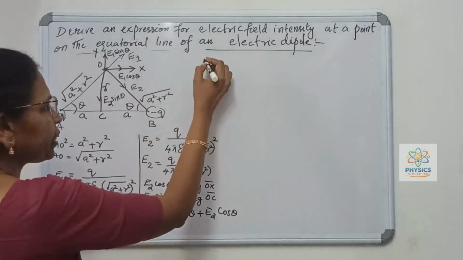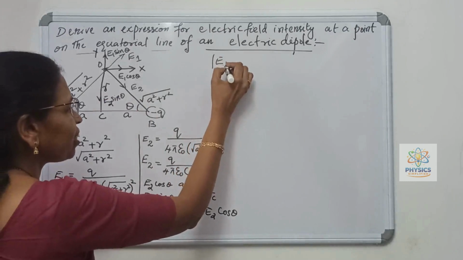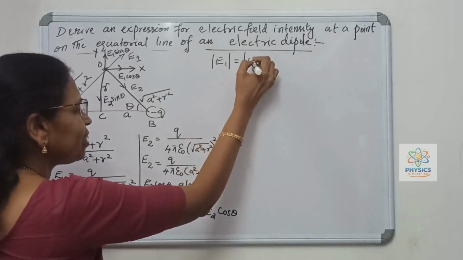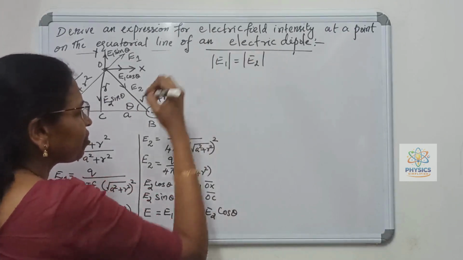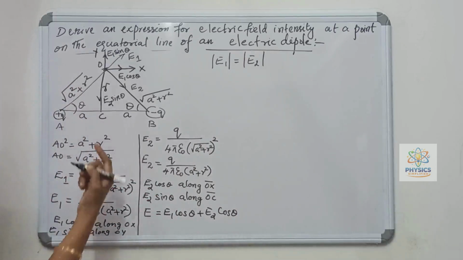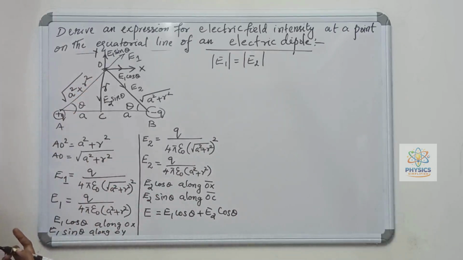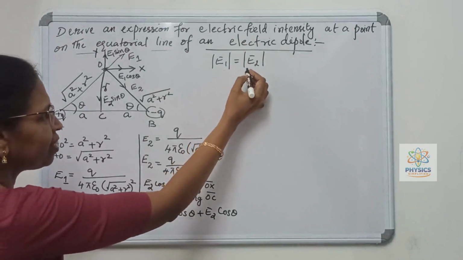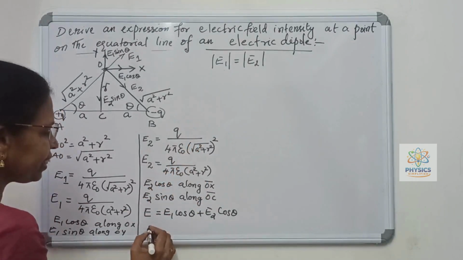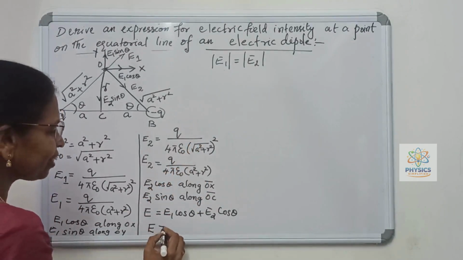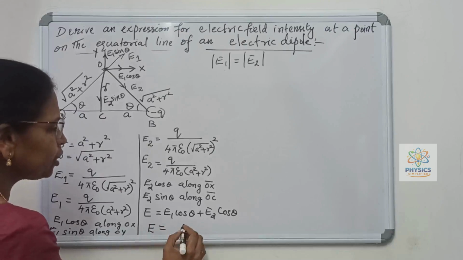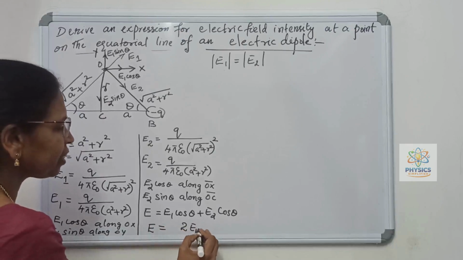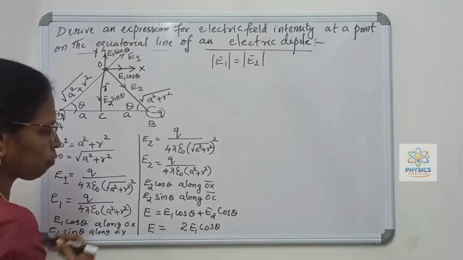And here we know that the magnitude of E1 is always equal to the magnitude of E2. So the sine components cancel, only the cos components are there, so they can be added up. According to this condition, E1 is equal to E2, we can write the resultant electric field E is equal to 2 times E1 into cos theta.